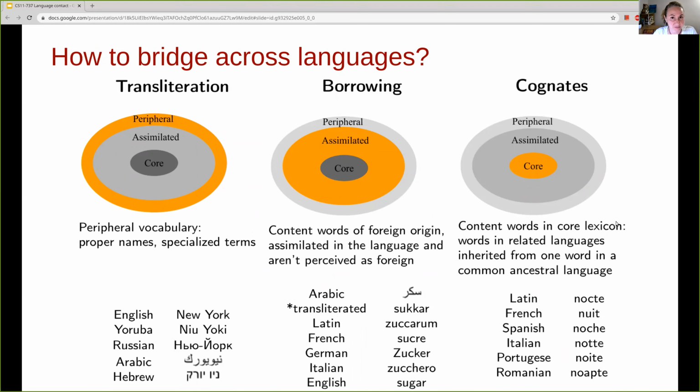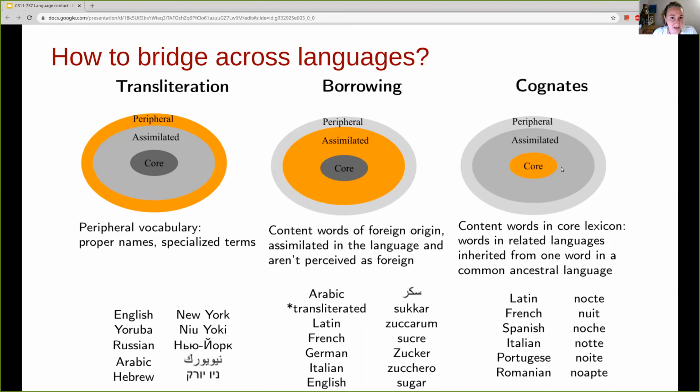So transliteration models peripheral vocabulary. These models proper names or specialized terms. And crucially, transliterated words are foreign words written in a local orthography. Whereas modeling borrowed words or cognates is more related to phonological modeling, because these words are assimilated in the target language, or they have developed with the development of the language in the case of cognates.